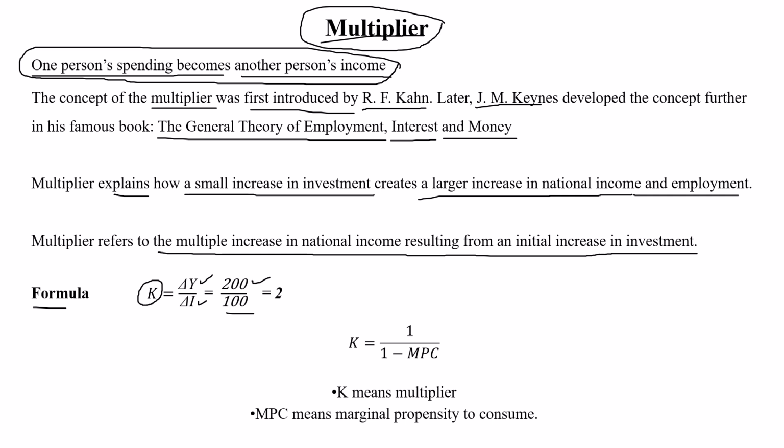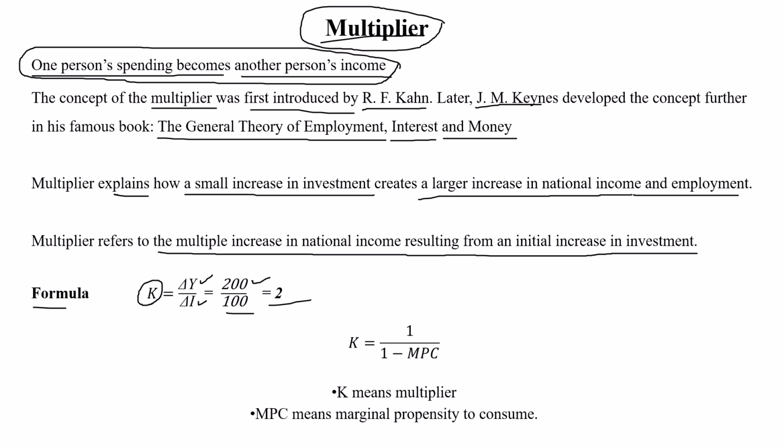So the multiplier is 2. It means that an initial investment of 100 crore creates a 200 crore income level. Therefore, the multiplier is 2.